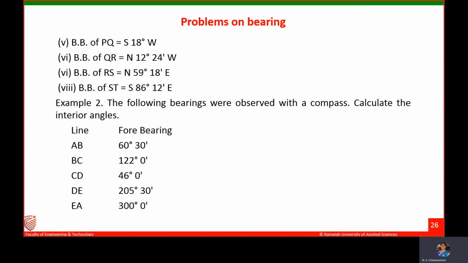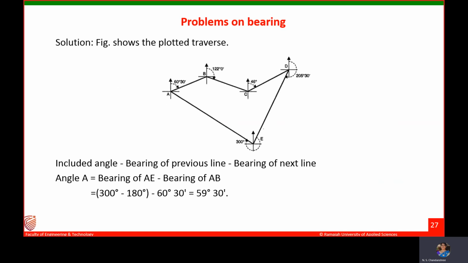Now we'll solve one problem. It says that the bearings of these lines are given. This is a polygon. A closed traverse survey was done, and the bearing of each line of the polygon is given.